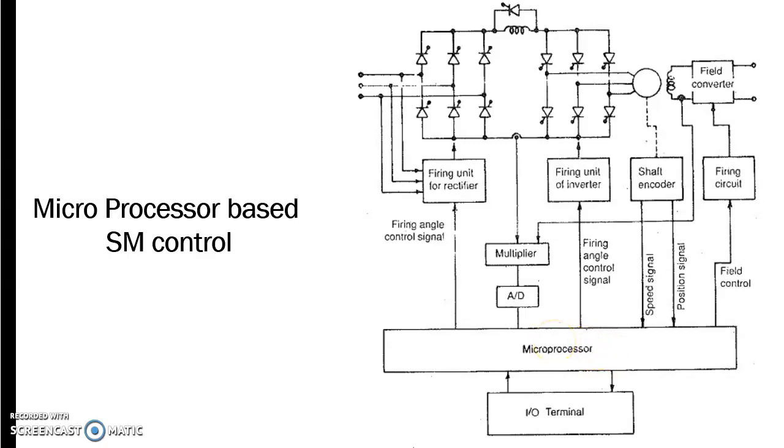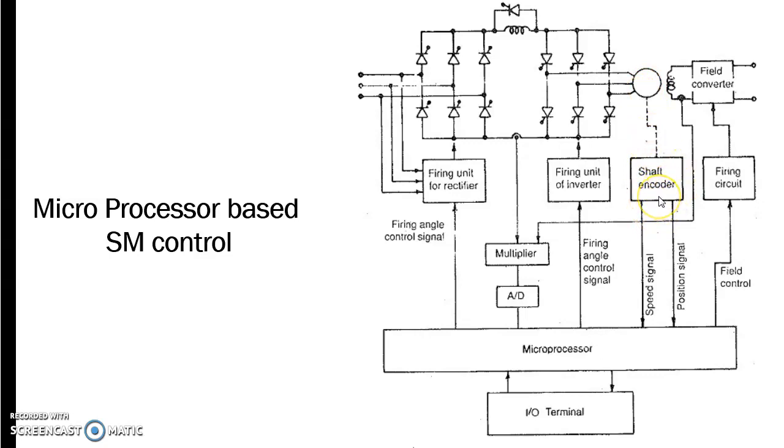And various blocks you can see here, the firing unit of these two converters. There is an optical shaft encoder here, and here it is a current source fed synchronous motor, fitted with a shaft encoder.